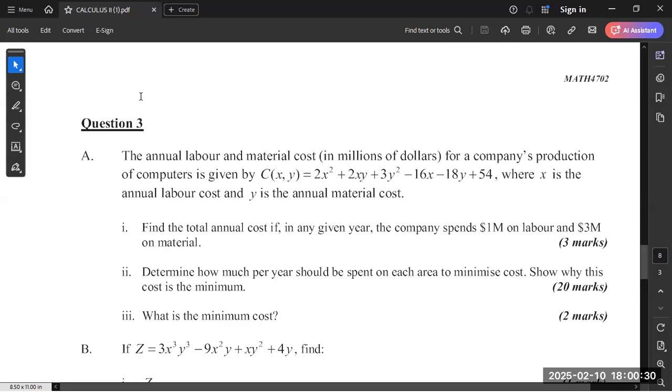If it's not given, you can't evaluate it. Am I clear, or do you want me to say it again? Yes, sir. So we can't just pick any number randomly. We have to choose a number which gives a negative and a positive reasonably when you calculate it.